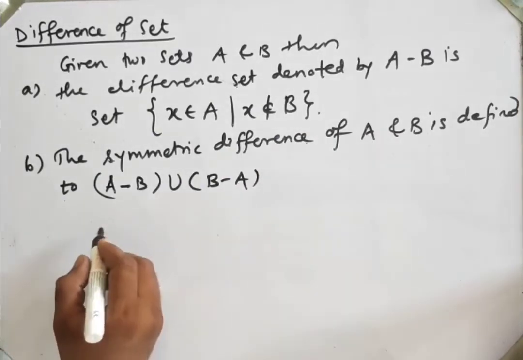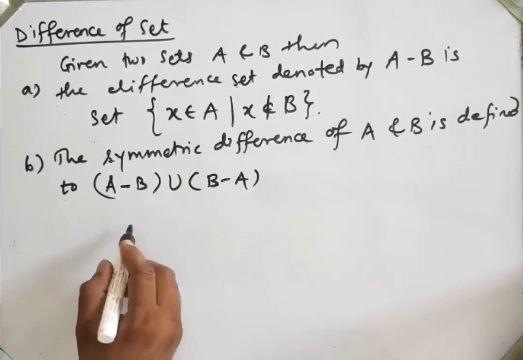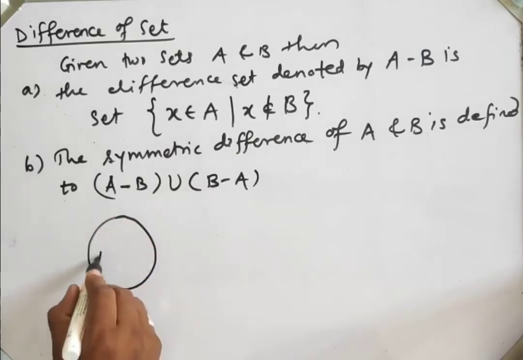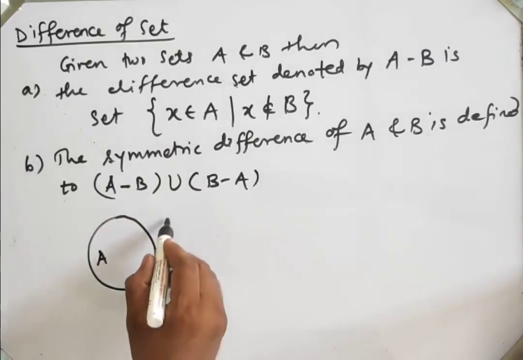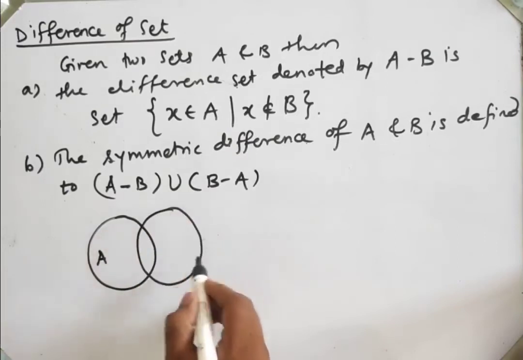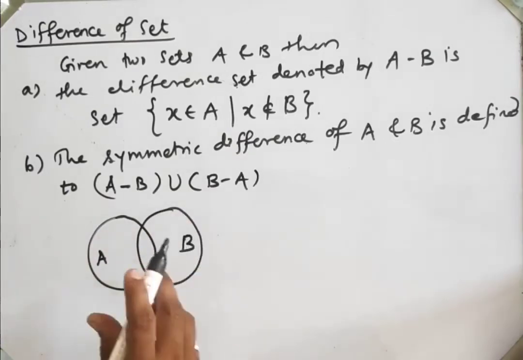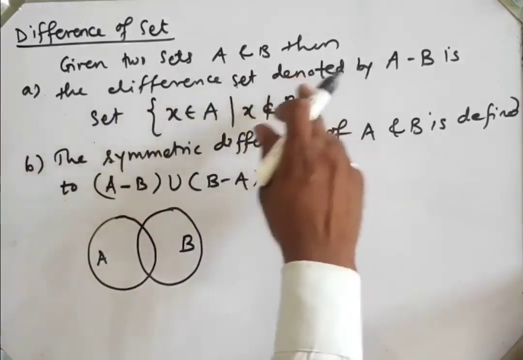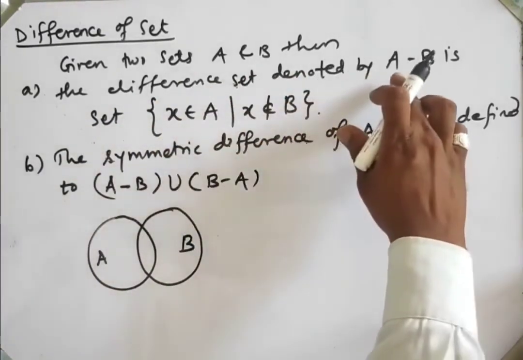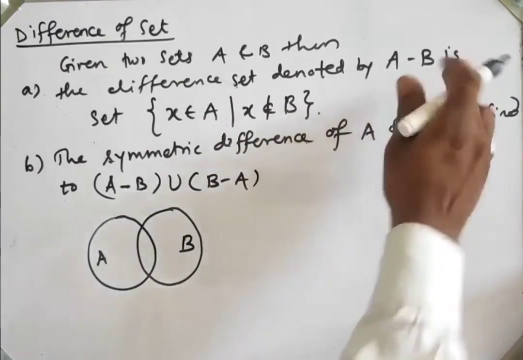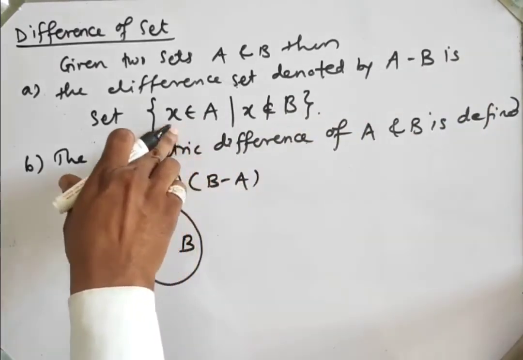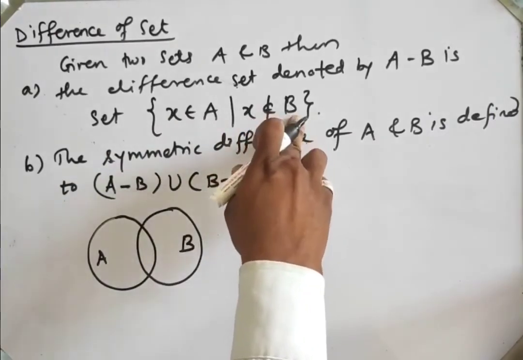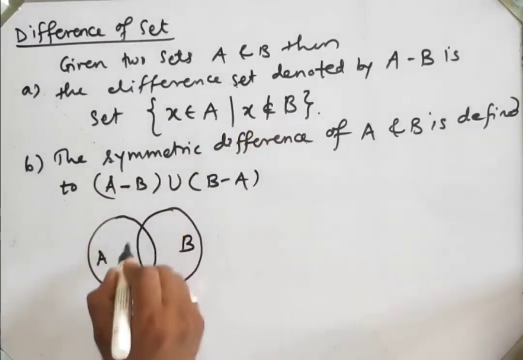And by Venn diagram we denote this region as follows. Suppose I have set A and this is set B. So what is the definition of the difference set? The difference set is A minus B, the set of all elements X from set A which do not belong to B. So here is the part of B, right?